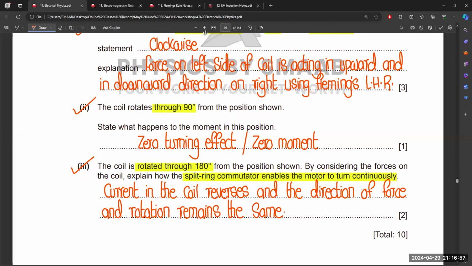Only the sides are switched with one another, but the direction of rotation and the direction of force remain the same. So this is the simple answer for this question.